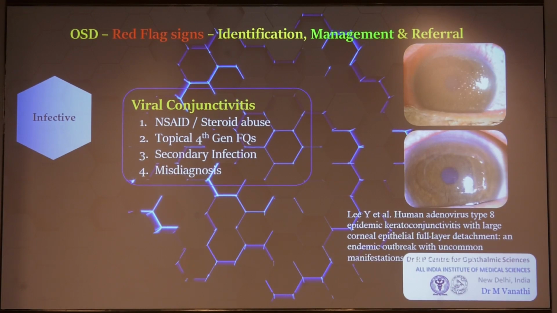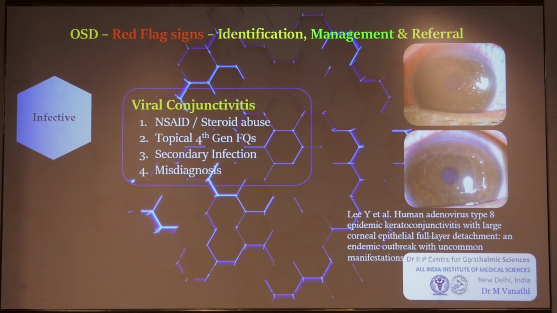Sometimes you do see viral keratoconjunctivitis, depending upon the strain of the organism, where the virulence or the tendency to cause early epithelial detachments is very high. So this is another scenario which needs to be identified, and ask your cornea specialist to step in to help and manage. Otherwise, you would probably be complicating the ocular surface even further.